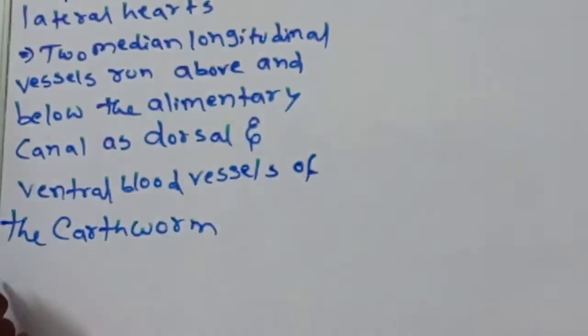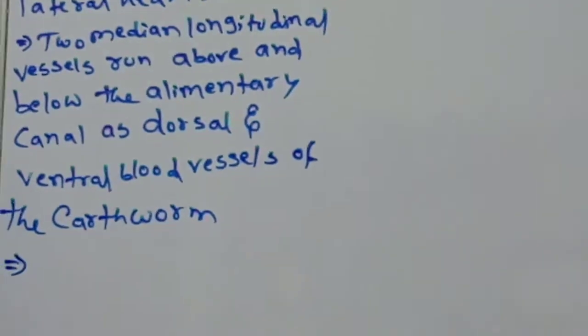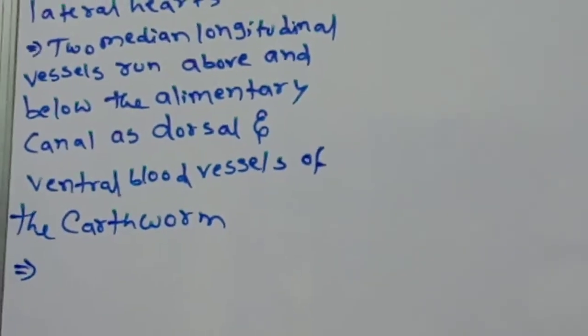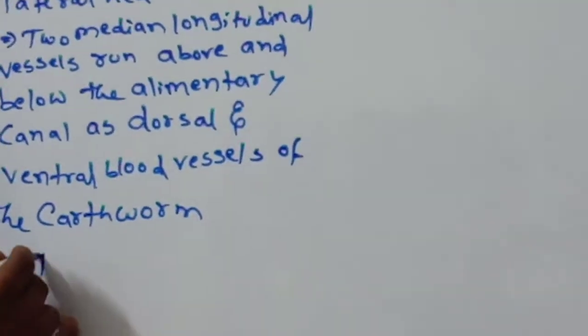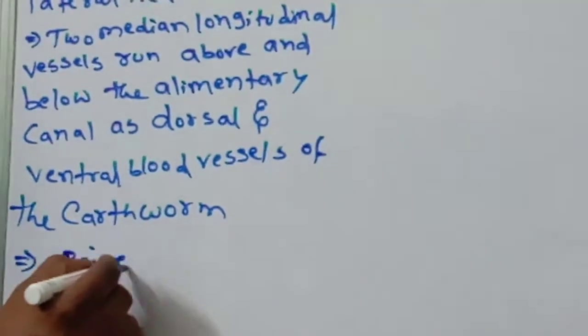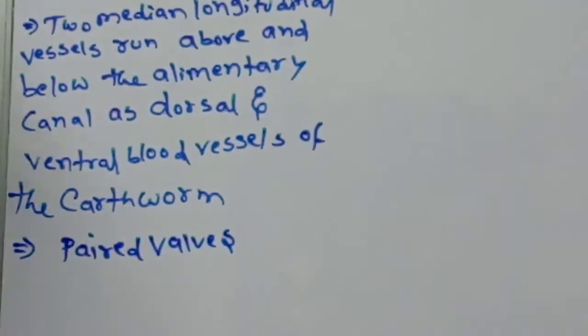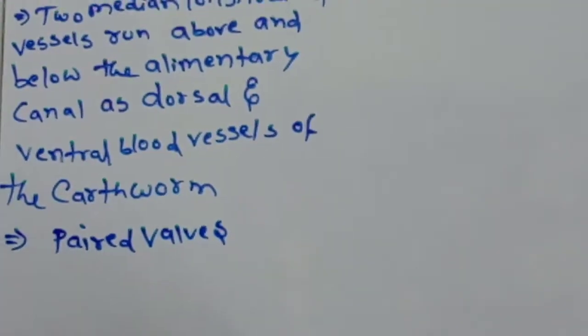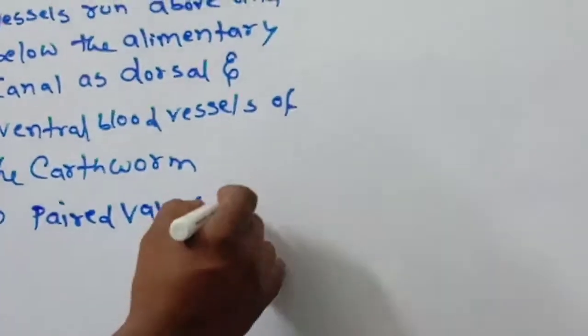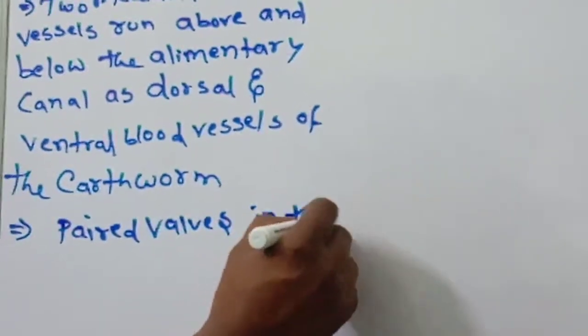Okay, children, the next important thing: there are paired valves which allow the blood flow in one direction. Paired valves in the dorsal blood vessel.